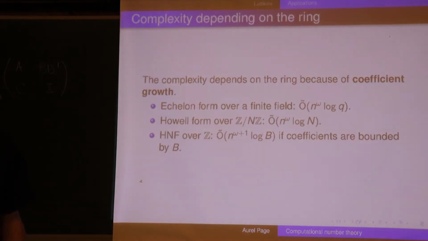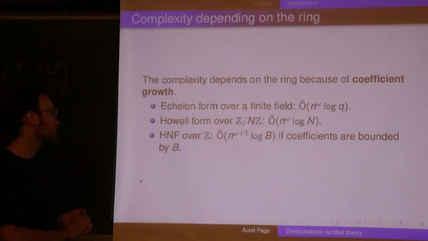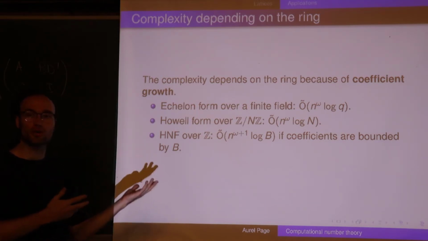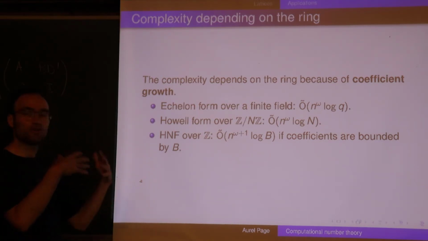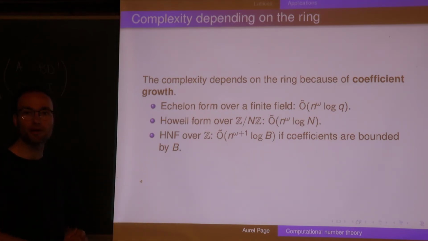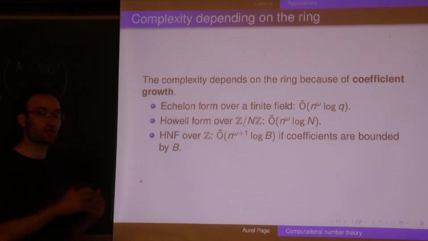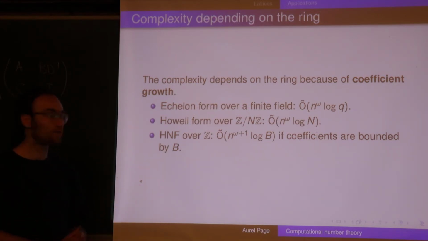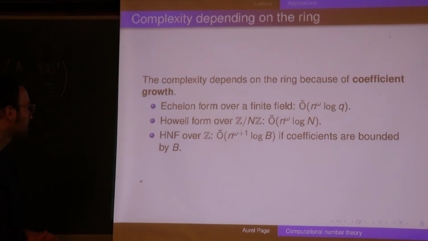Okay, so without actual details, I want to give you a few complexities depending on the ring. What we just saw was over an abstract ring in which we just counted the number of ring operations, but for actual rings, the coefficients can be bigger or larger, and you have to take this into account.